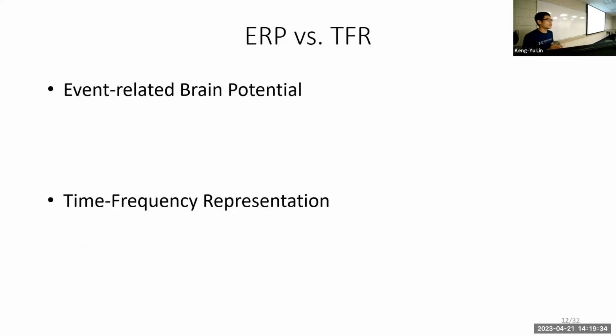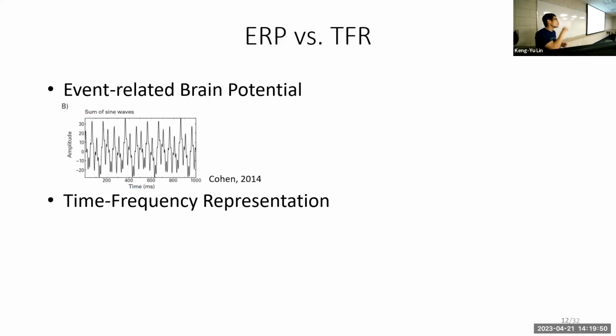Let's talk about ERPs and TFRs for real quick. Again, if you are familiar with the concept, you can take it as a refreshment. ERP stands for event-related brain potential, and TFR stands for time frequency representation. If you are recording a continuous brain wave, ERP is a technique where you extract the snippets of the brain wave that are related to a certain event.